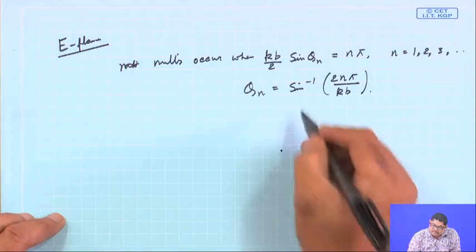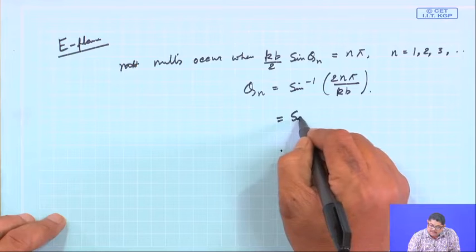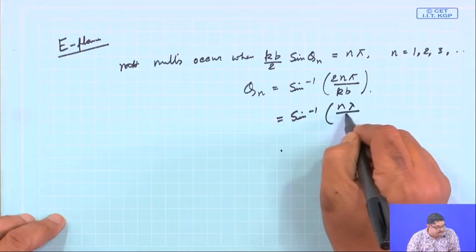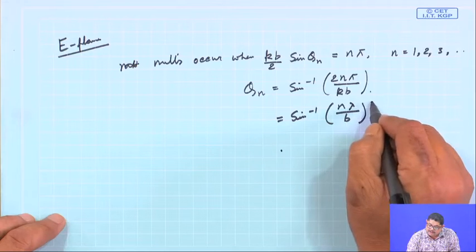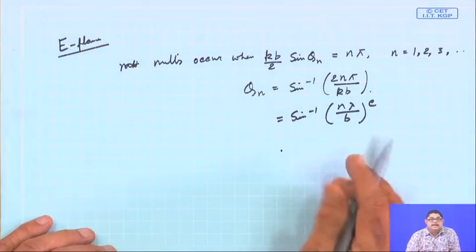If you put the value of k, which is 2 pi by lambda, it becomes sin inverse n lambda by b, and remember that this is in radian. Generally the b's are taken much larger than lambda.